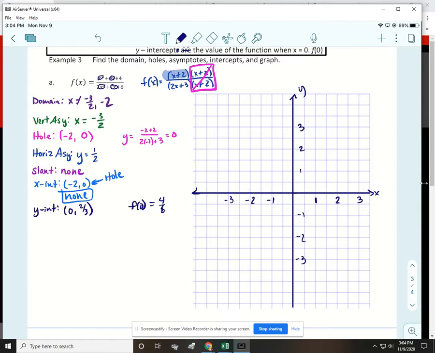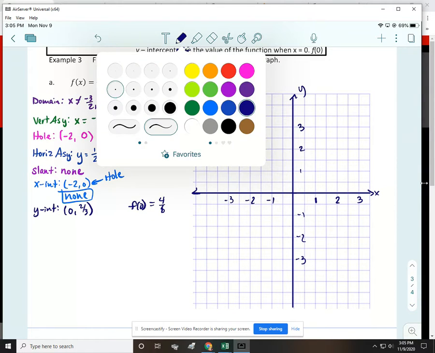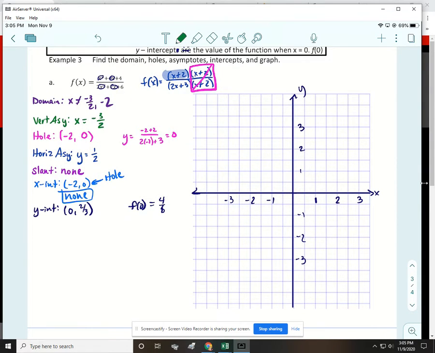Okay, so let's graph our vertical asymptote. I'm going to color code mine. So the vertical asymptote is at -3/2, so that is at -1.5, which would be right here. And when we graph asymptotes, we graph them as dashed lines. So we have a dashed vertical line when x is equal to -3/2 or -1.5.